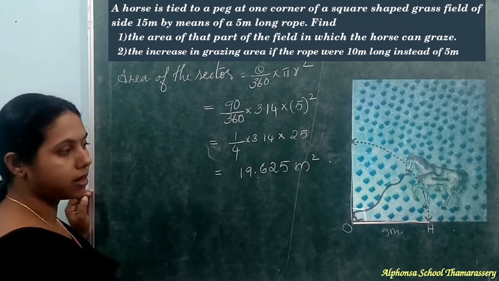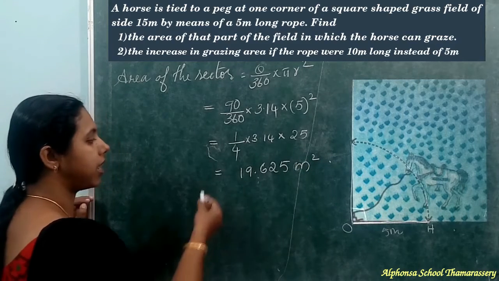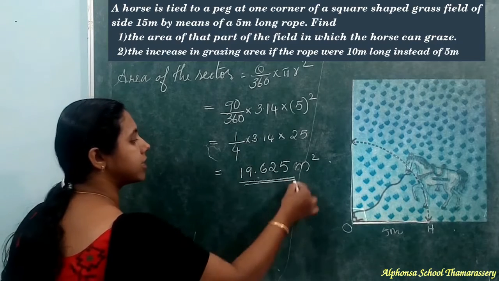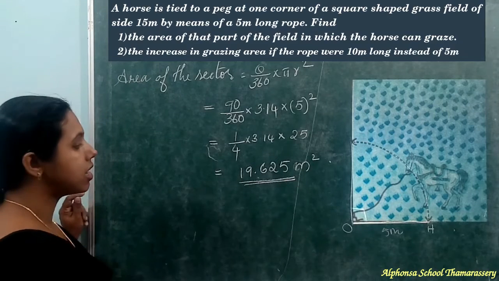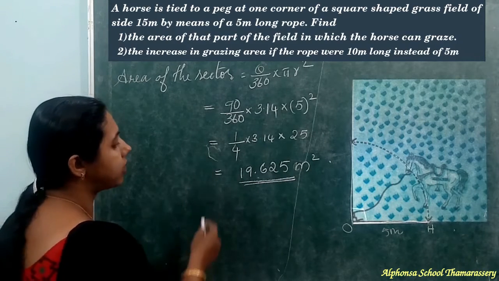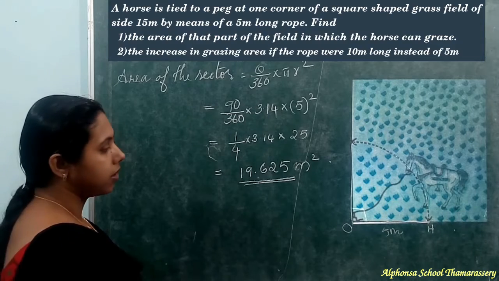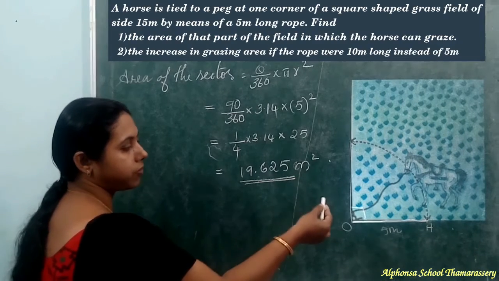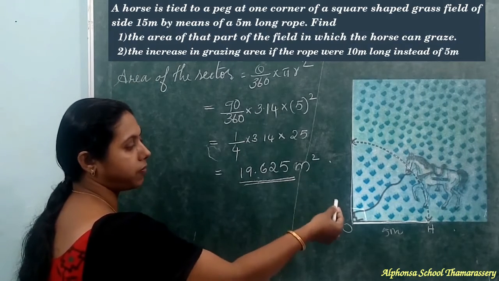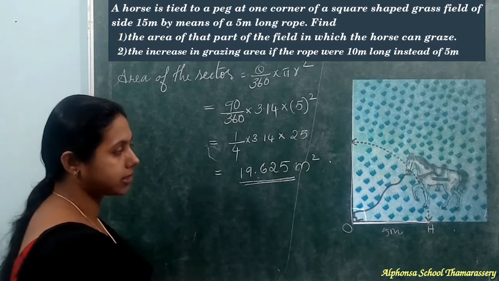Because the length of the rope is equal to 5 meters, the area you are getting is 19.625 meter square. That will be the area of the sector, that means the area of the part of the field the horse can graze.